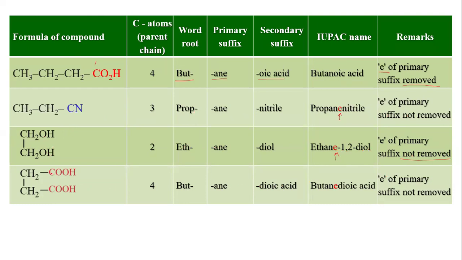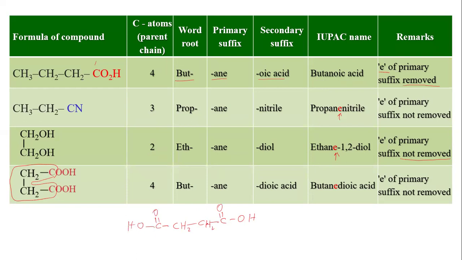And similarly, butanedioic acid, this is the basic chain. So the basic chain contains 4 carbon atoms. But remember that here we have not written the number because a carboxylic acid can be only at the terminal position. So if it is butanedioic acid, heptanedioic acid, hexanedioic acid, whatever the dioic acid is, then definitely it would be at the terminal.